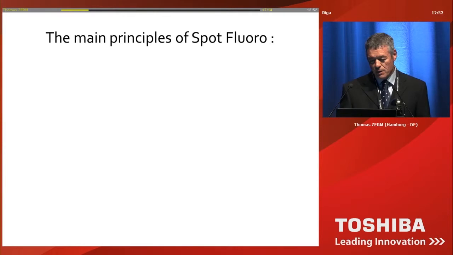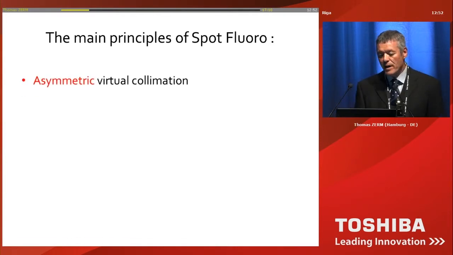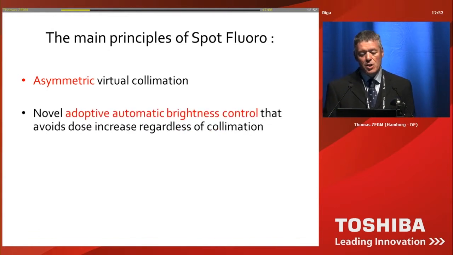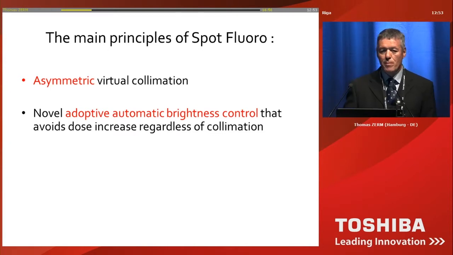The main principles of the new technique SpotFluoro: it is an asymmetric virtual collimation. It is a novel adaptive automatic brightness control (ABC) system that avoids dose increase regardless of the collimation applied.